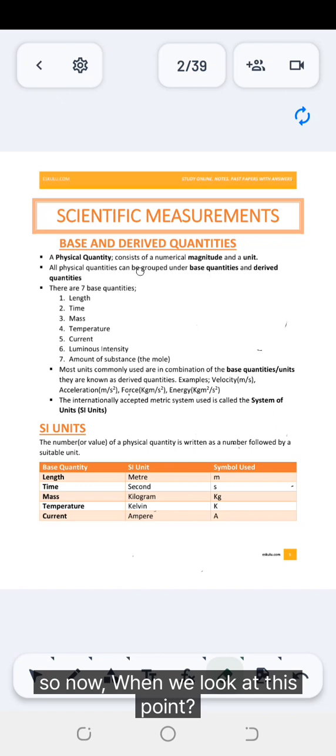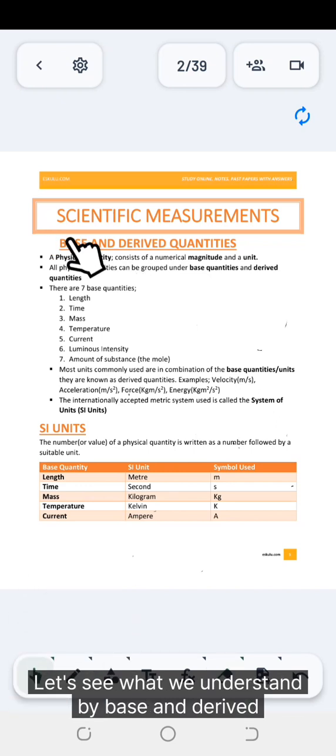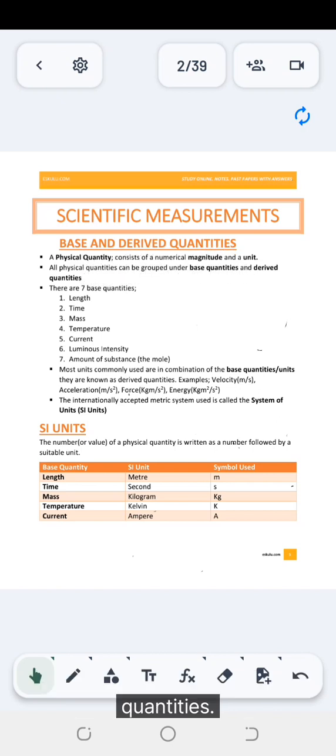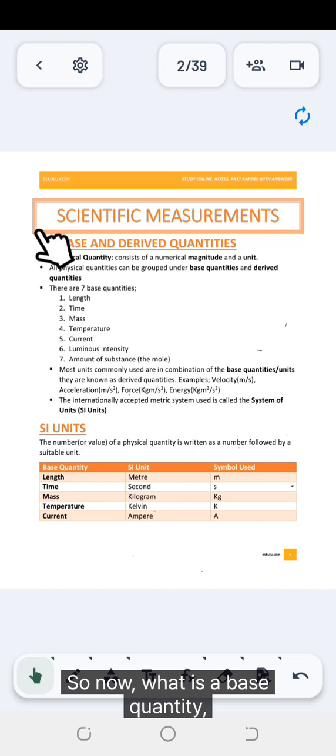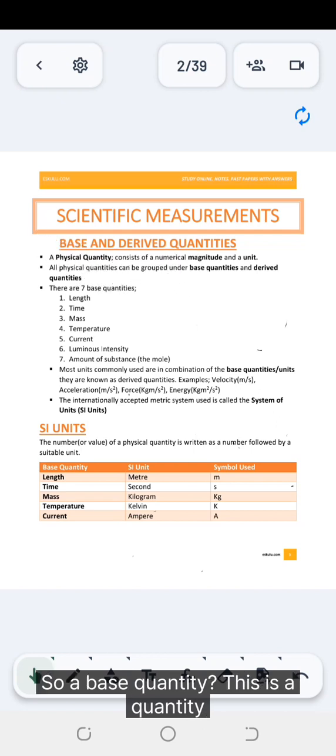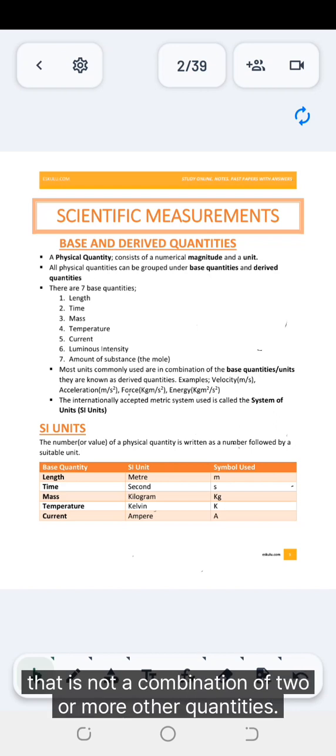Let's see what we understand by base and derived quantities. What is a base quantity? A base quantity is a quantity that is not a combination of two or more other quantities.